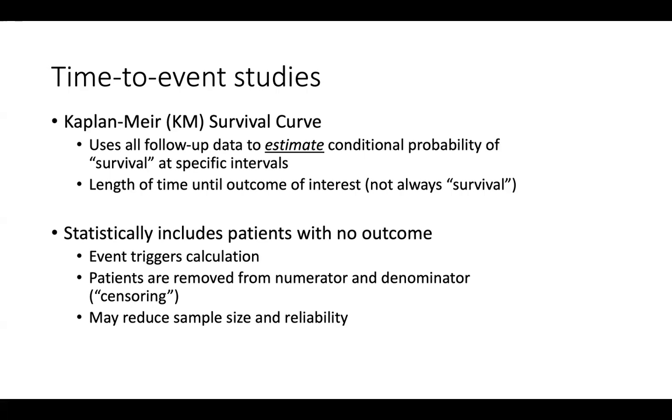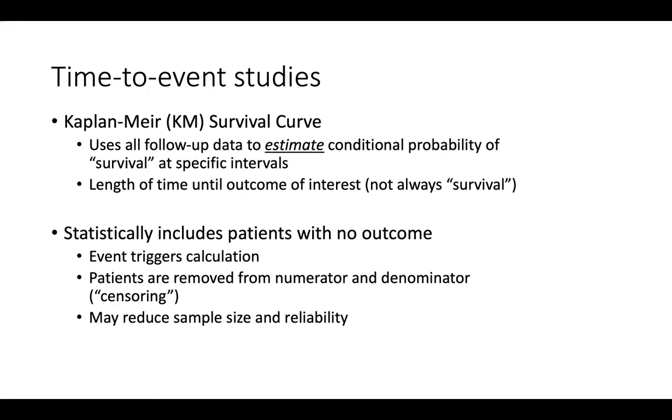Some things to be aware of: what Kaplan-Meier curves are also doing is statistically looking at these data, and when people have a specific event or are censored, they'll then drop out of the denominator. We talked a little bit about censoring as well in the biostatistics lecture, and we'll do more on the next slide.